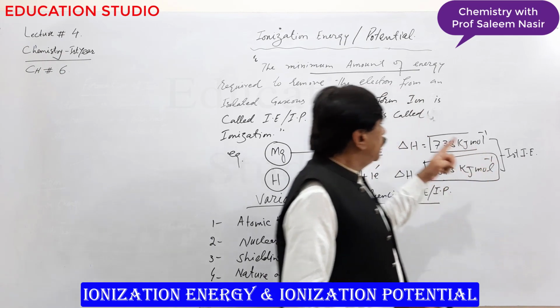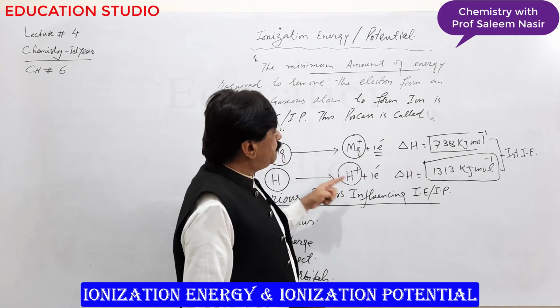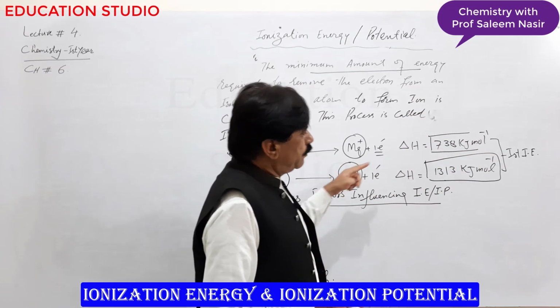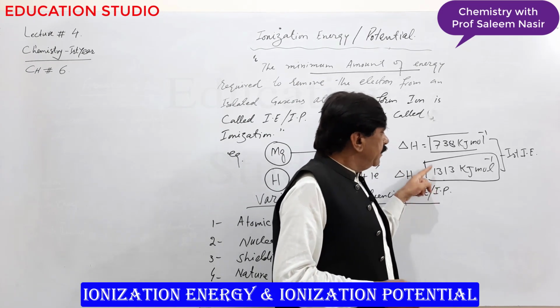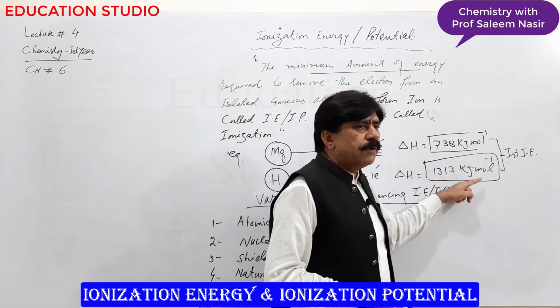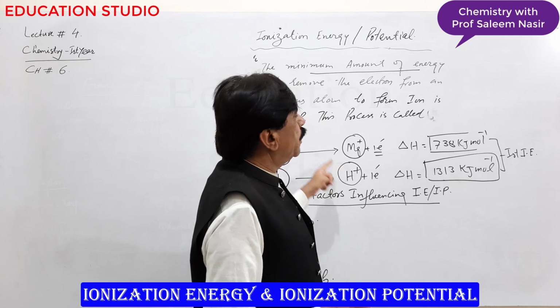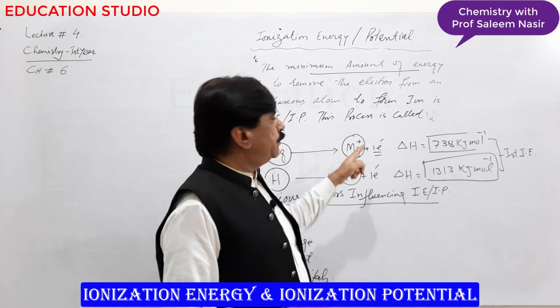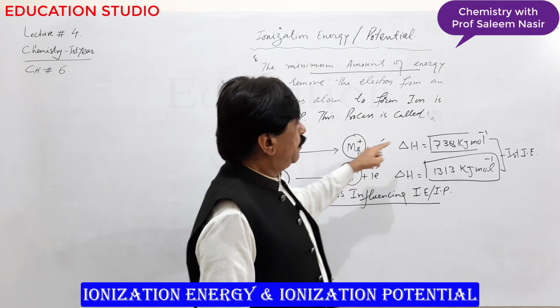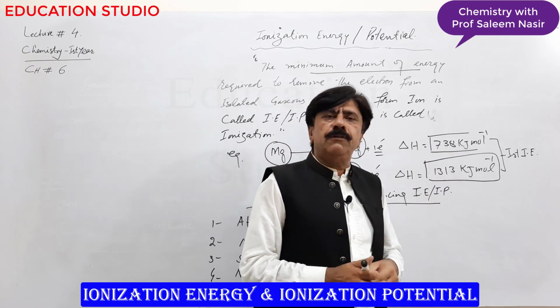The energy required to make the unipositive ion of hydrogen is 1313 kilojoule per mole, and the energy required to form the monopositive ion of magnesium is 738 kilojoule per mole.